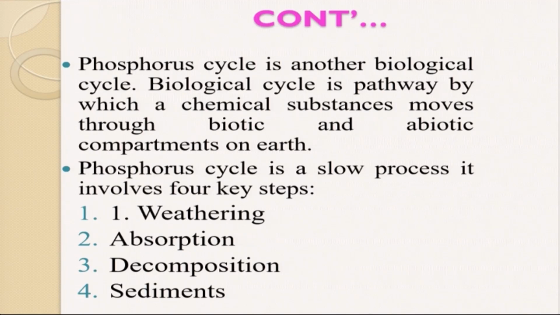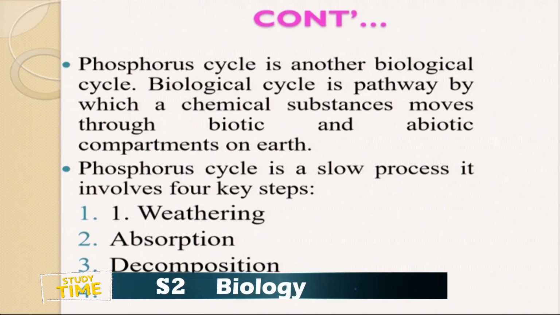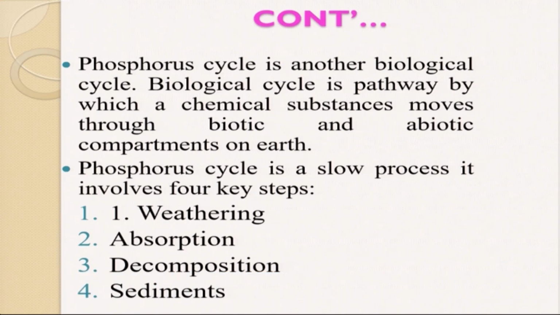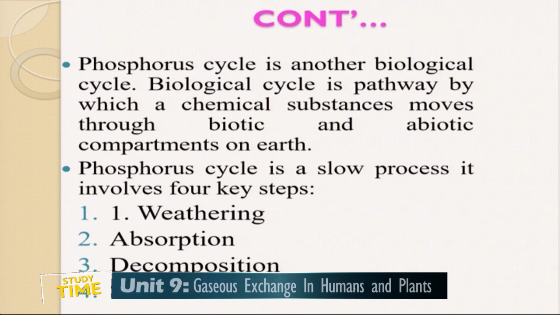Animals excrete waste products, for example urine and cow dung, and all of these contain phosphorus. Animals and plants also die, and once they die, the bacteria cause them to decay.